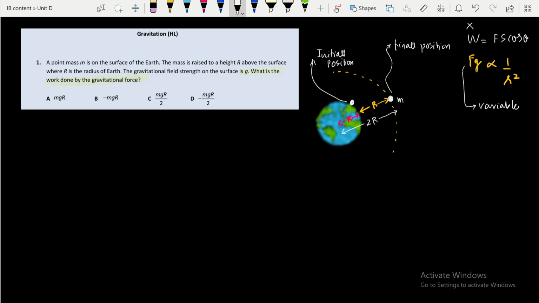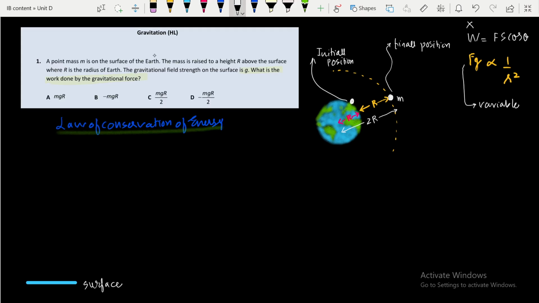So the next option is obviously the law of conservation of energy. This is the surface and this was a point mass initially at this point. What was the total energy that it possessed initially?